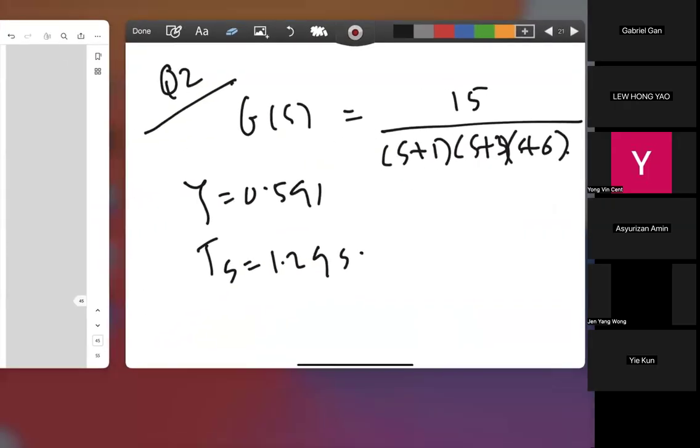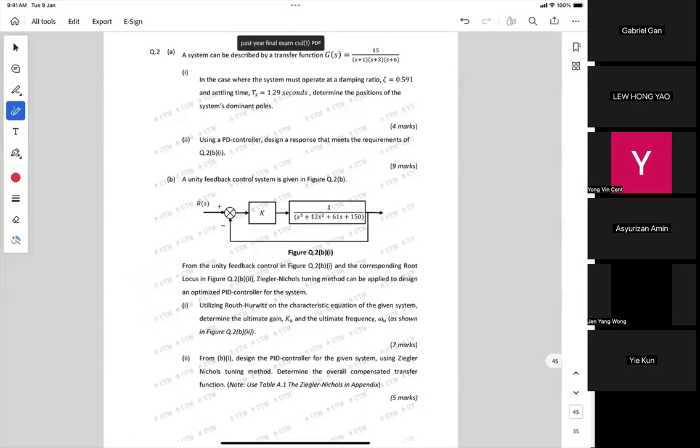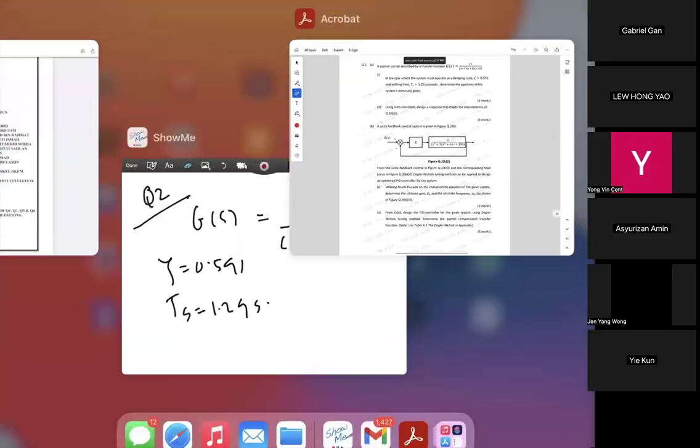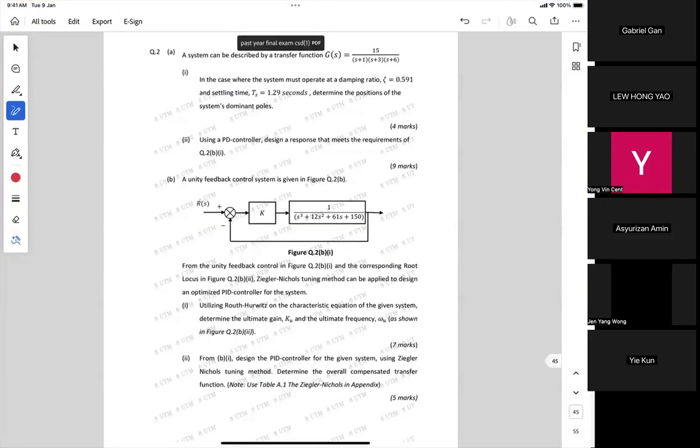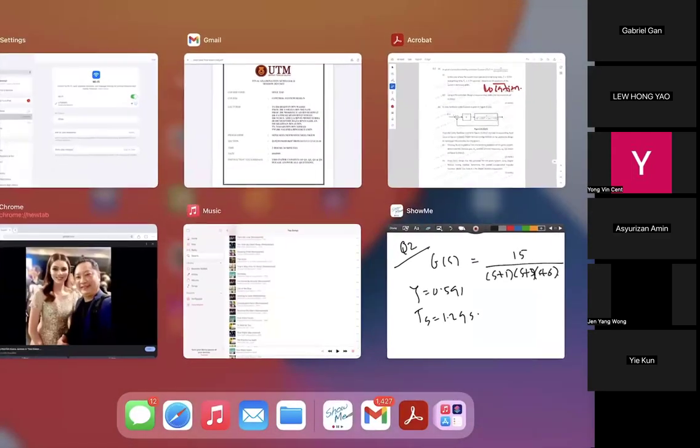Find the location of the system dominant poles, not position, location.